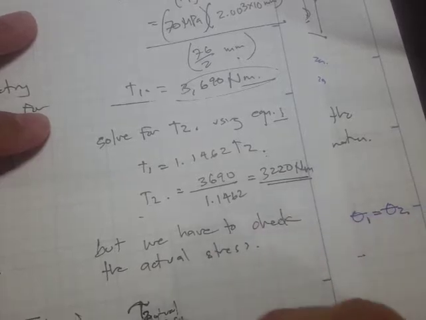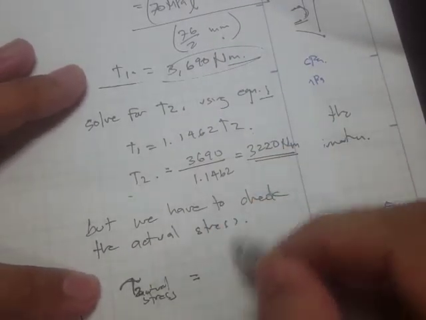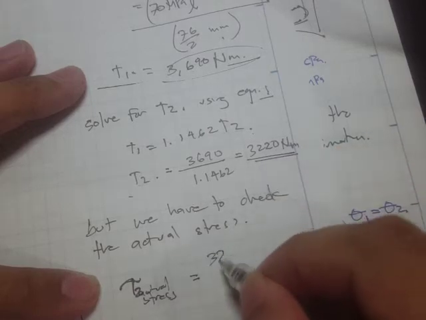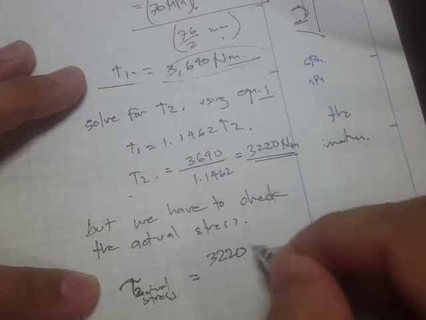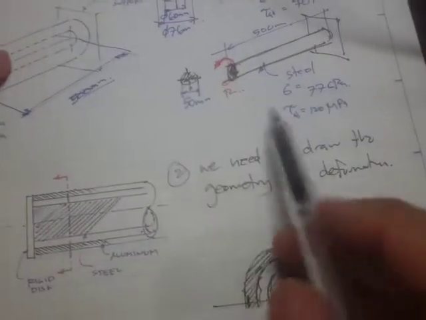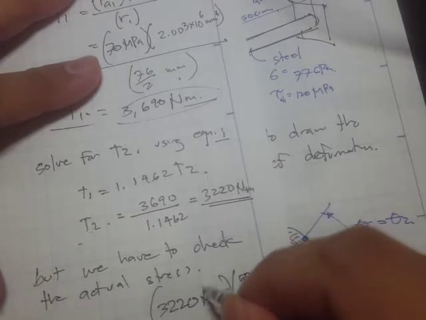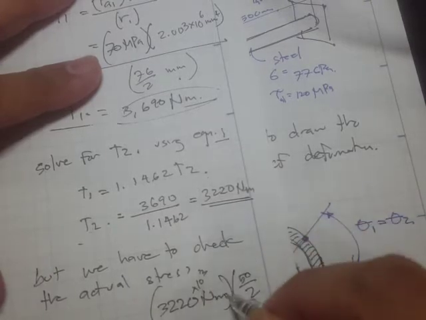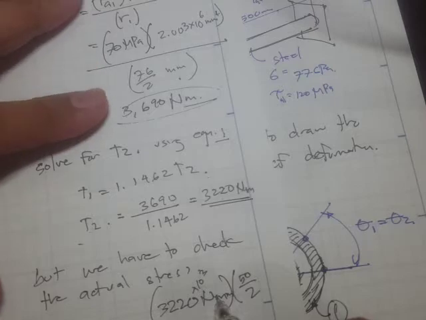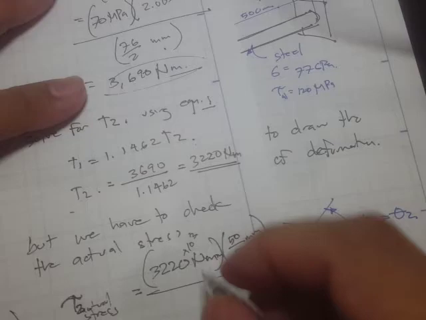Based on this torque, what's going to be the actual stress? This is T sub 2, 3,220 Newton meter, and our R for steel is simply 50 divided by 2. Let's multiply this times 10 to the 3 so that we get Newton millimeter, divided by the J.